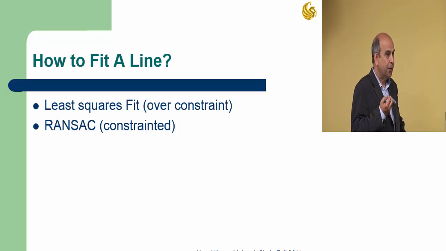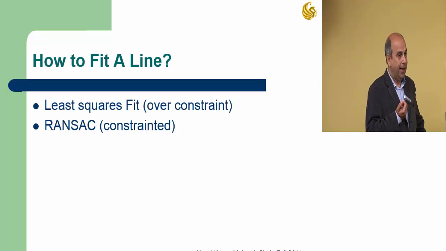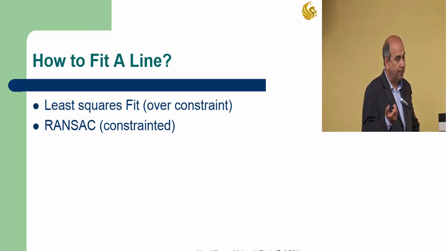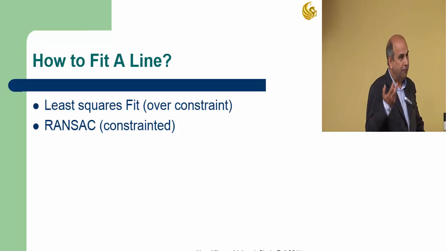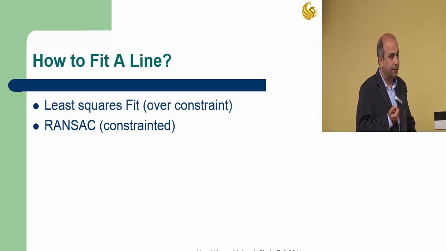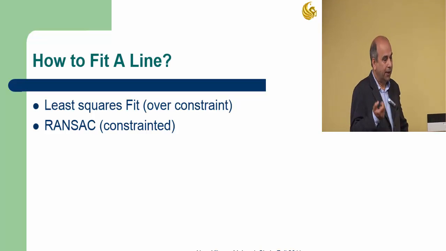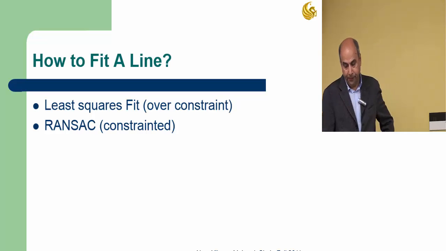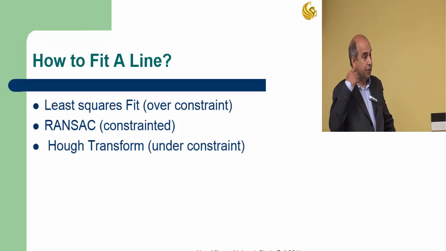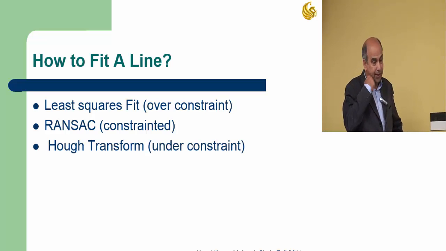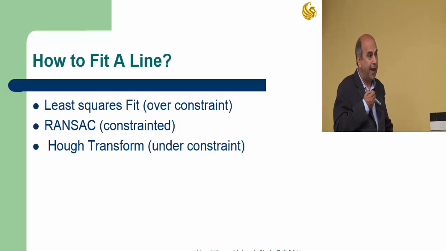Now the question is, which 2 points? The way RANSAC works is that you randomly pick 2 points, solve the problem, fit the line, then find how good that line is by comparing it with the rest of the points. If you're not happy, then pick another random 2 points and keep going until you are happy. So it's called RANSAC.